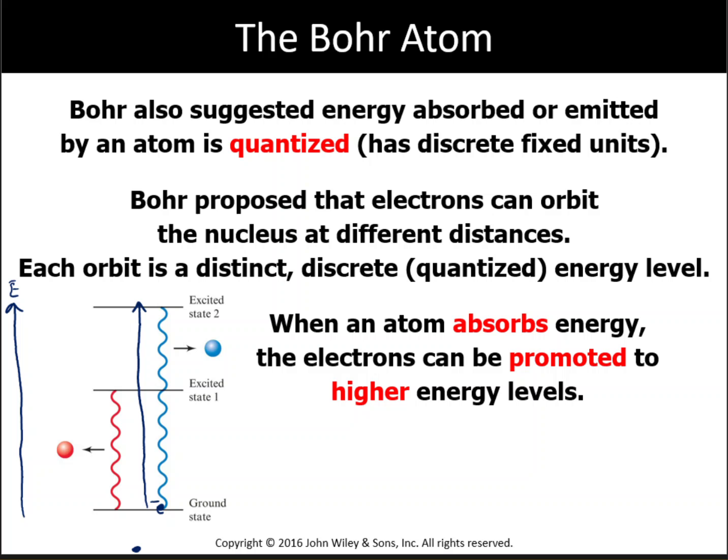If I cut off the source of energy completely, your electron is going to drop back to the first energy level. This dropping back could be all in one step, or the electron can drop to the first energy level first, and then from the first energy level to the ground state.